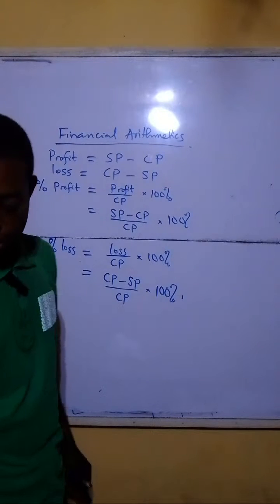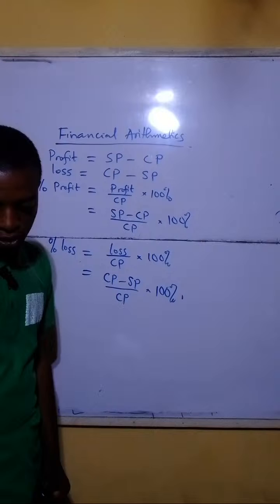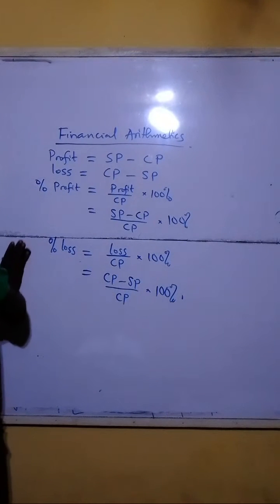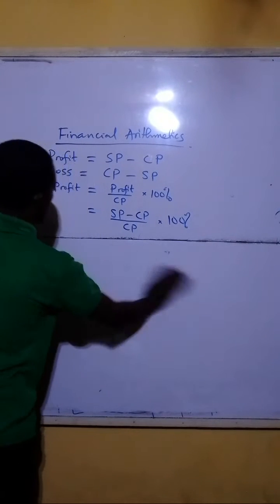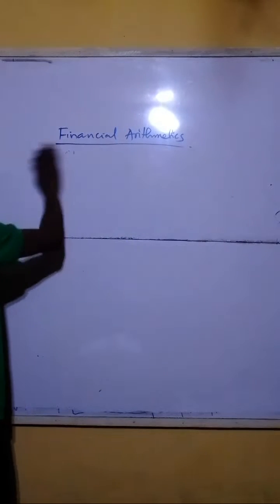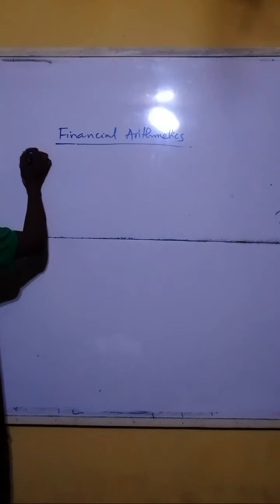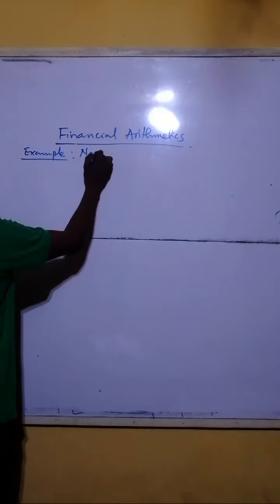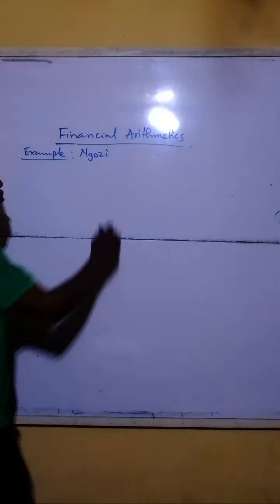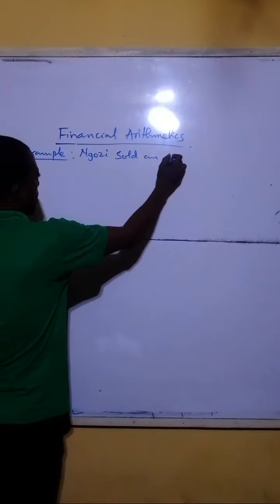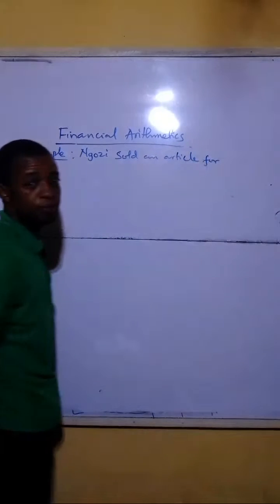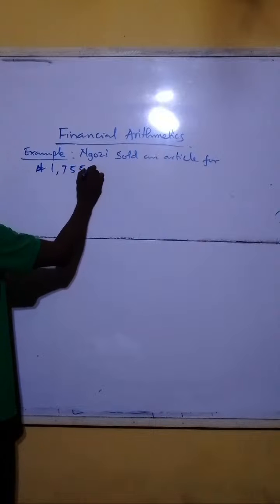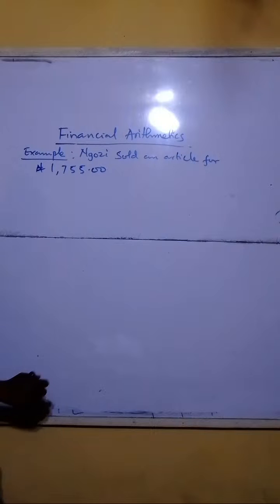Now, when we look at a question as an example, they said Ngozi sold an article for 1,755 naira 00 kobo and made a profit of 35%.